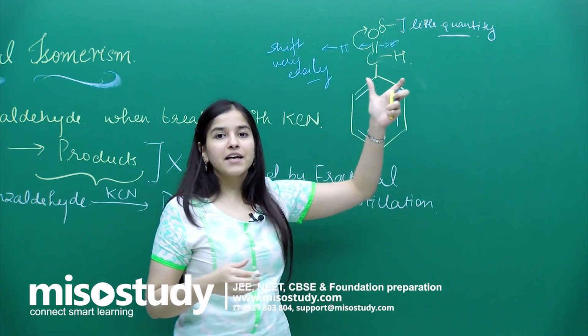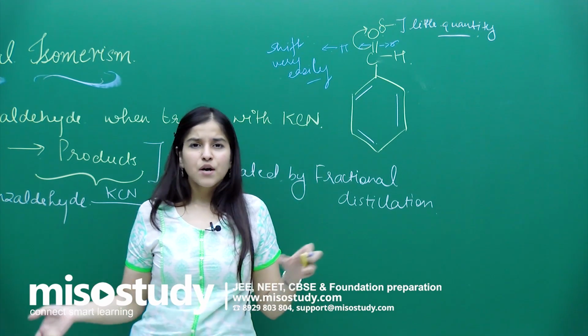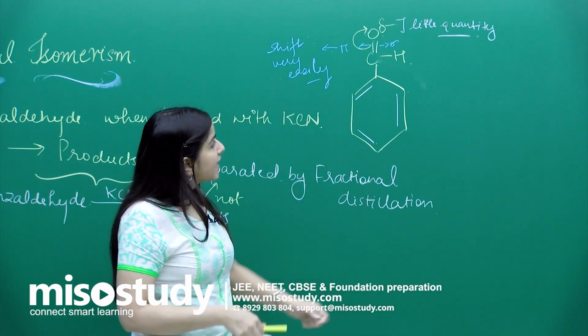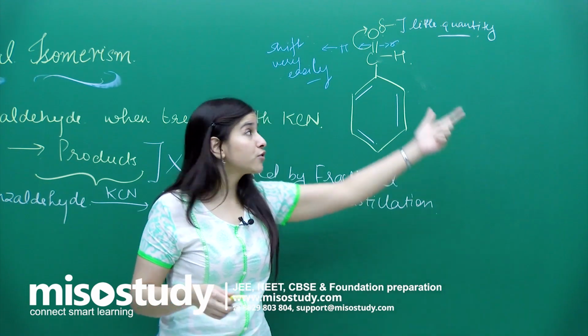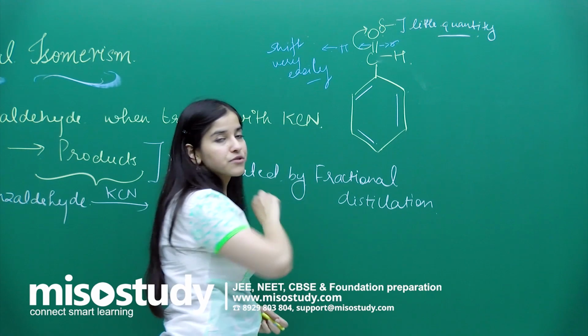The pi electrons are not stagnant, but keep on shuffling between the two atoms. So one scenario is that the electrons are moving towards the more electronegative atom. So here is the scenario that we are going to discuss.